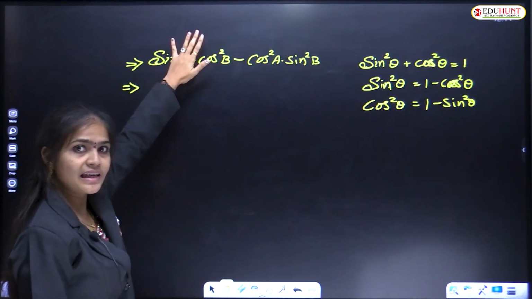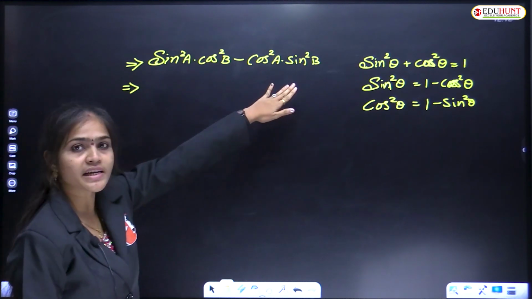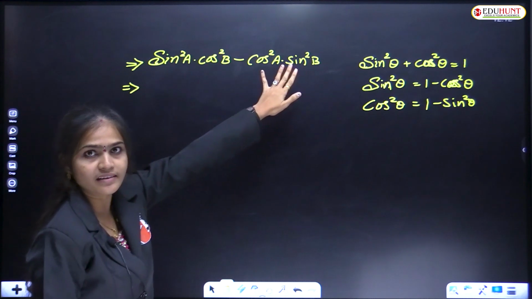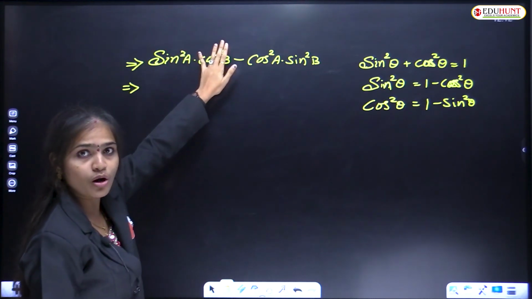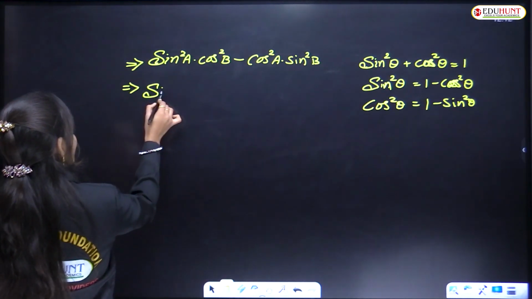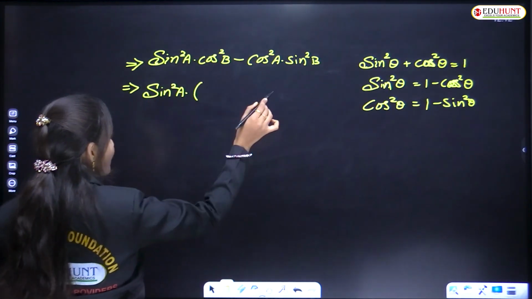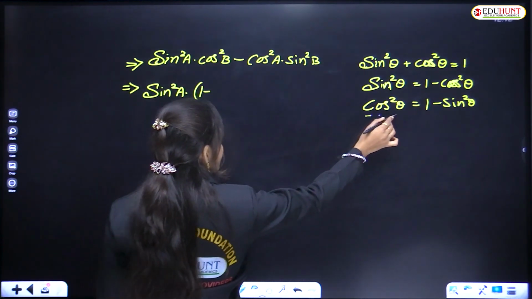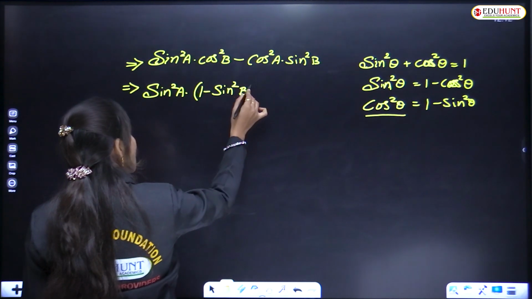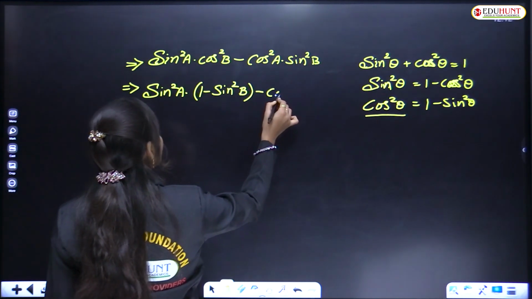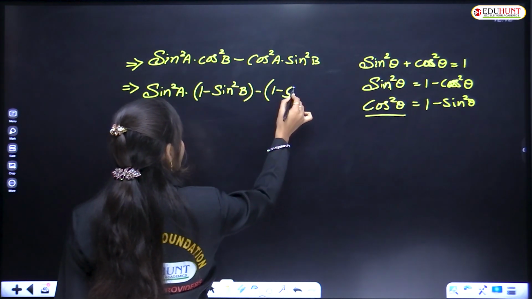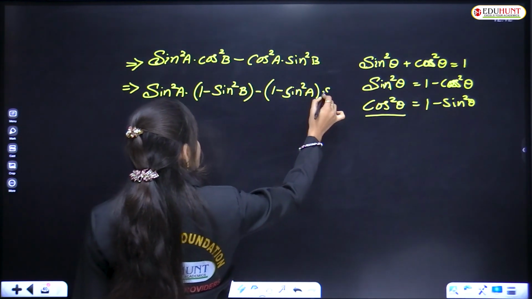So sin square a into cos square b: in place of cos square theta, 1 minus sin square theta, so here it is 1 minus sin square b. And cos square a becomes 1 minus sin square a, into sin square b.